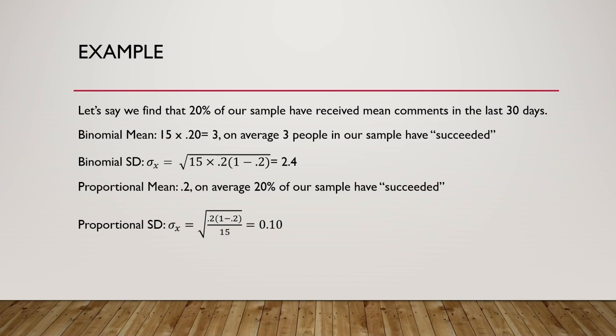And then our standard deviation would be success times failure divided by sample size, and then square root. And that's around 0.1. So again, that doesn't really make as much sense. But in that case, that would be how we calculate our mean as binomial as well as proportional.